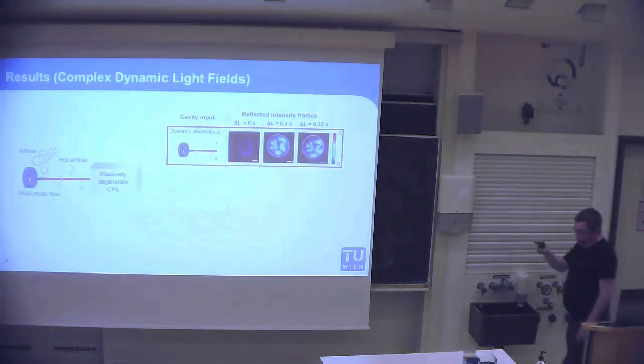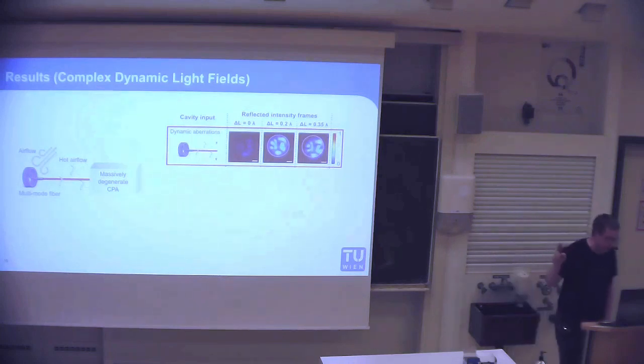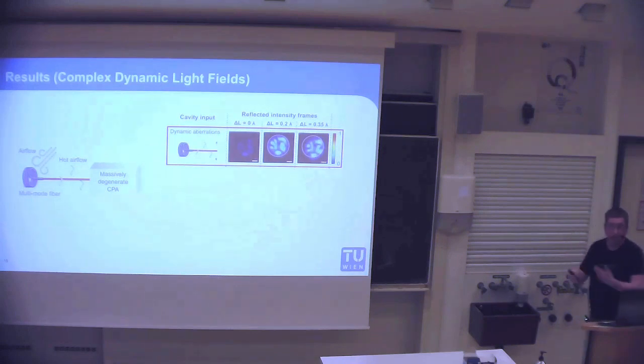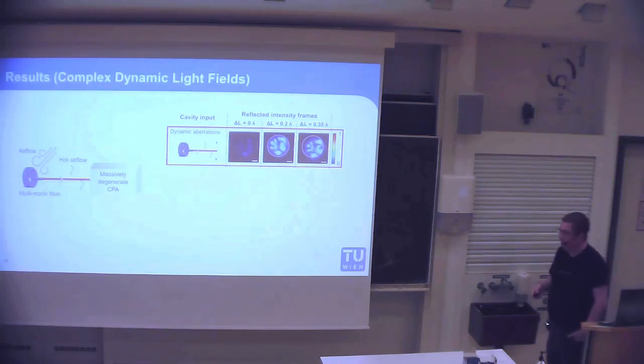Then finally the experimenters did some more experiments on how well this degenerate cavity would work with light fields that are dynamic, changing over time. They created a speckle field again, but this time with a curled up multimode glass fiber, and then they sent the outcoming speckle field through turbulent air created with a heat gun.